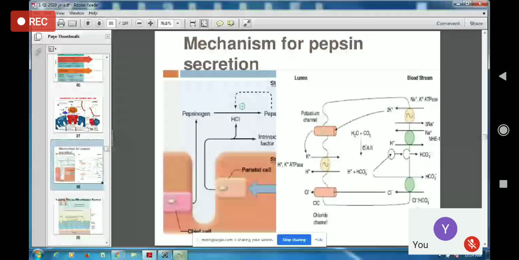So carbon dioxide and water combine in the presence of carbonic anhydrase 2, and they form carbonic acid, H2CO3, which dissociates into hydrogen ion and bicarbonate. Hydrogen ion, this is the proton, is pumped to the lumen with the help of a proton pump, that is hydrogen potassium ATPase.